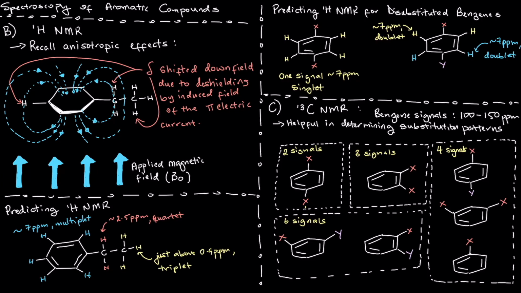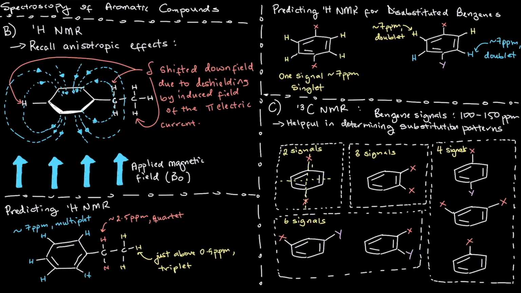So once again, if you have a disubstituted benzene that's para-substituted, and the 2 substituents are the same, it would turn out that you would end up with two different carbon signals between the 100 and 150 range on your C-13 NMR. So if we draw those two lines of symmetry on your benzene, one may then see that in reality, there's really only two different kinds of carbons on this benzene.